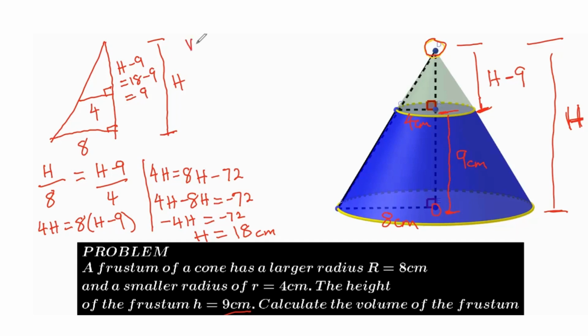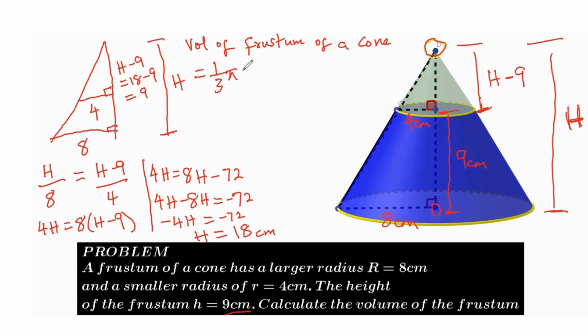So let's get the volume of the frustum of a cone. It is going to give us 1/3 pi.